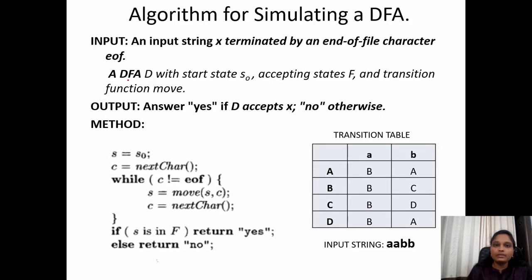Now the purpose of this lab is to simulate the deterministic finite automaton. We want to give the input for any deterministic finite automaton, and we have to give an input string and check whether it is accepted by the DFA or not.